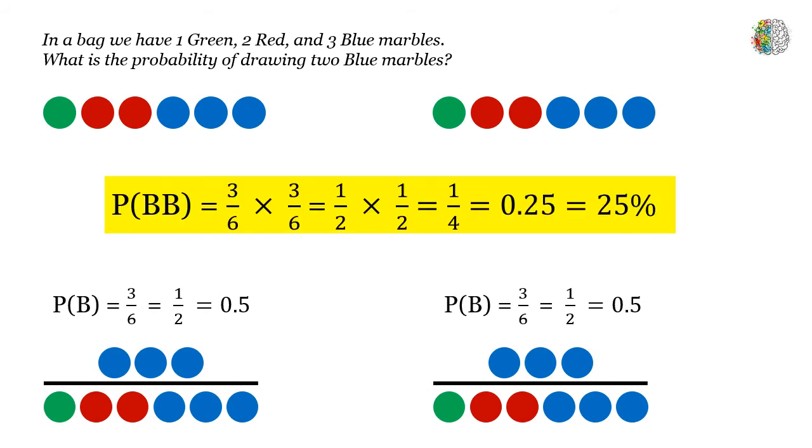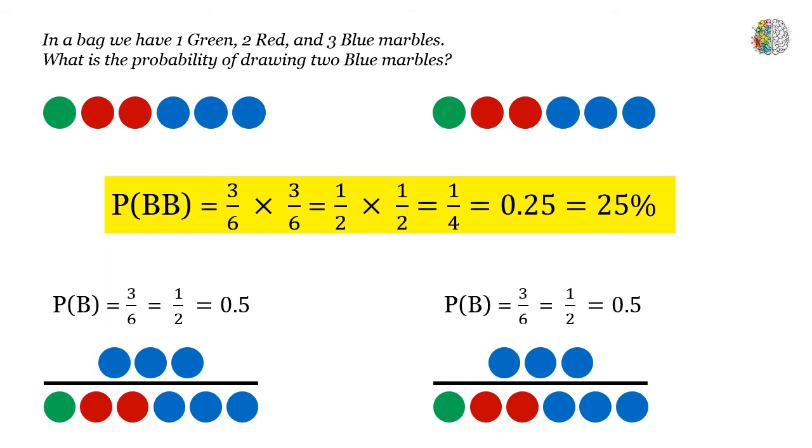So now to calculate the probability of drawing 2 blue marbles, I'm going to take the probability of drawing a blue on the first draw and multiply that by the probability of drawing a blue on the second draw. So that's 3/6 times 3/6, which simplifies to 1/2 times 1/2, which equals 1/4, which converts to a decimal of 0.25, which is 25%.